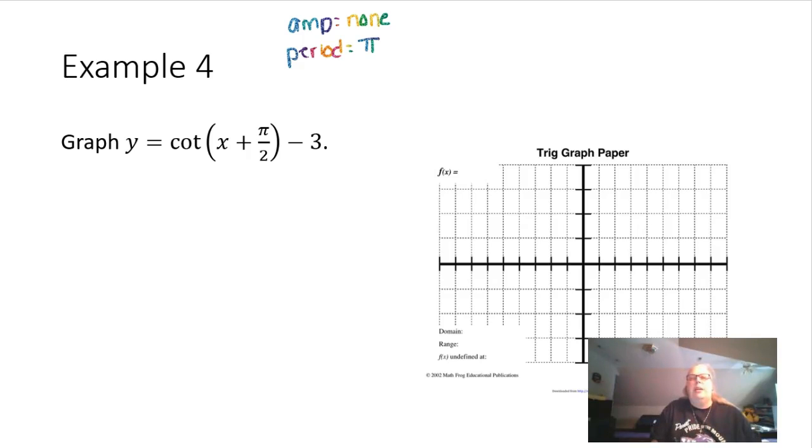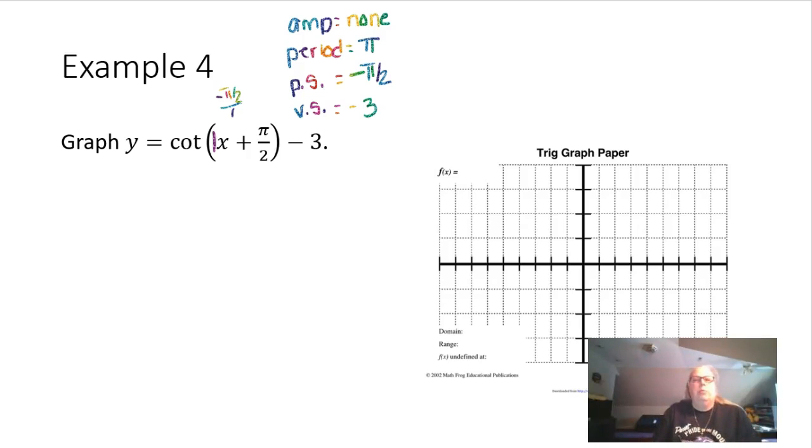We divide that by b, but that's just 1, so the period's going to be pi. The phase shift is going to be to the left, pi over 2. Remember, it's negative c divided by b, which would be negative pi over 2 divided by 1, which would give me negative pi over 2. And then our vertical shift is down 3.